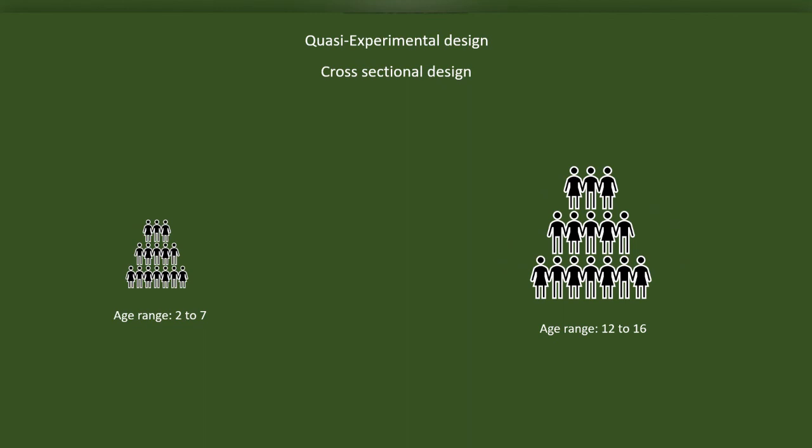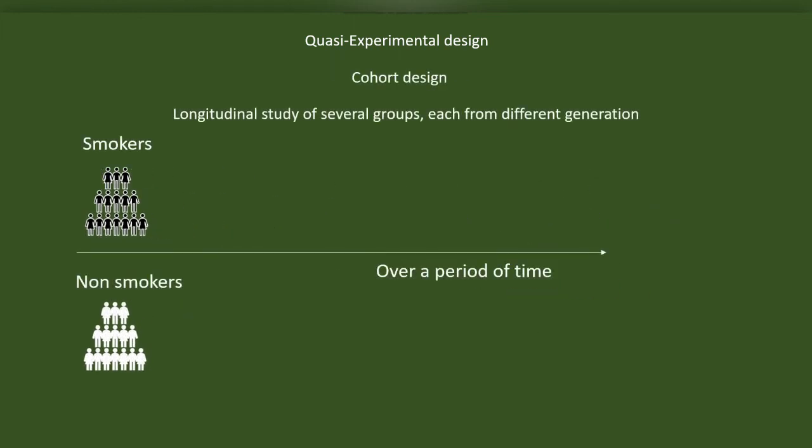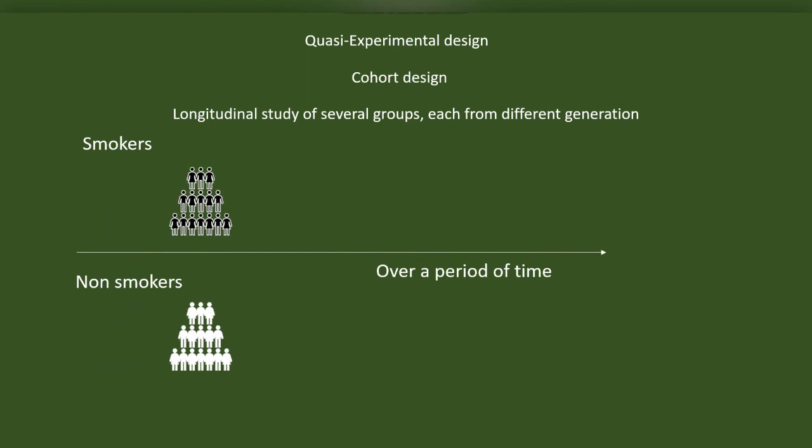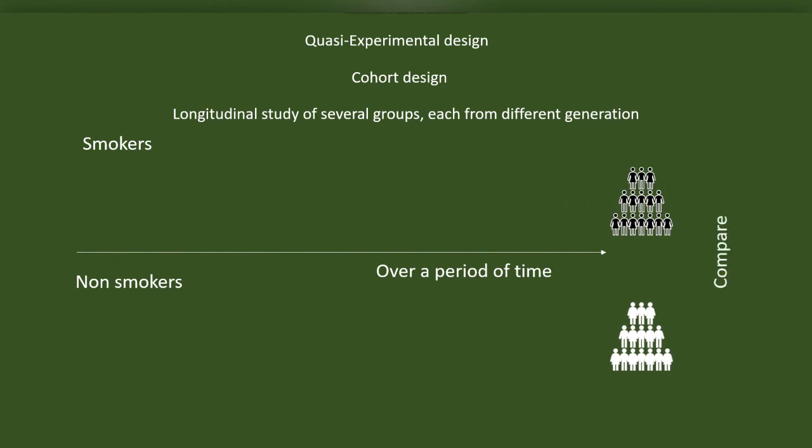In this, we will be taking a cross-section of the population as our sample. Another type of quasi-experimental design is cohort design. This is a mix of cross-sectional and longitudinal design. We will take a cross-section of the population as our sample, and then we will observe them over a period of time.